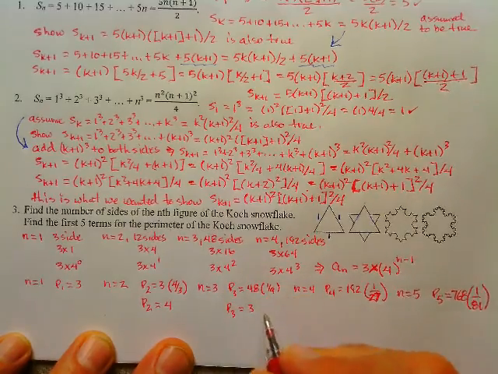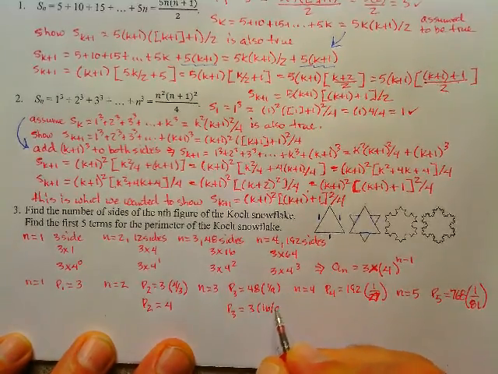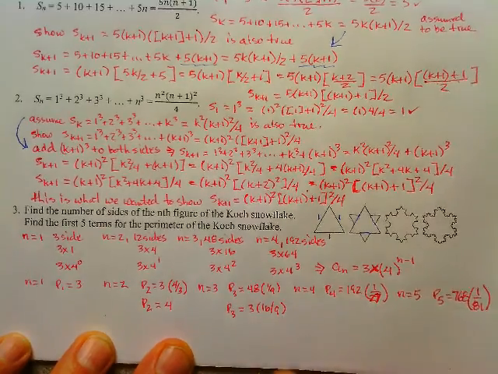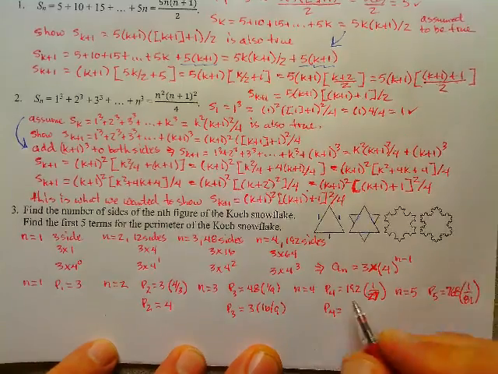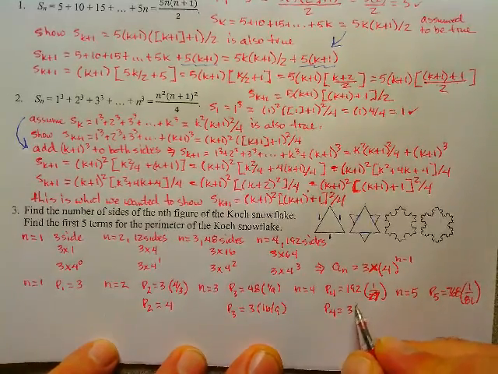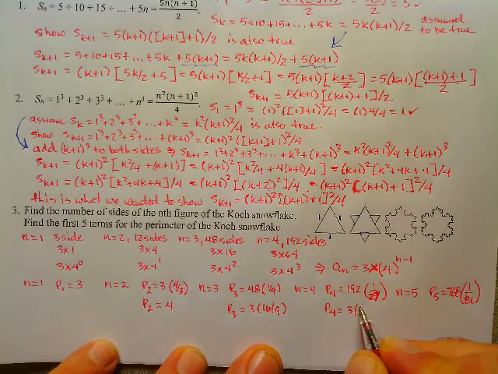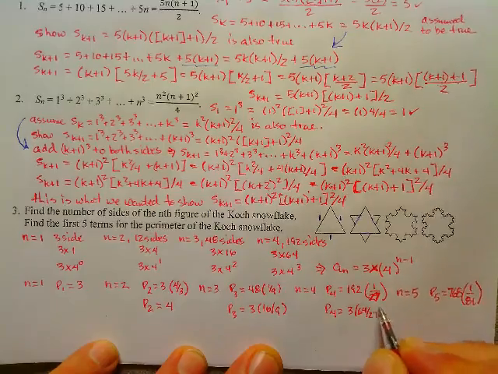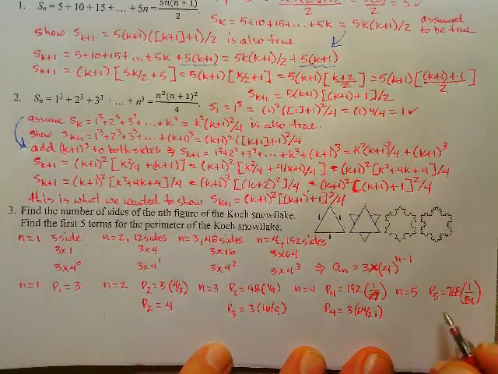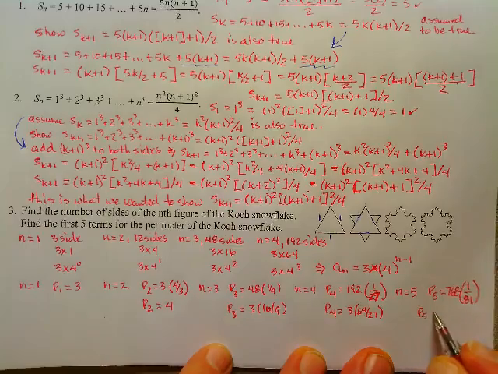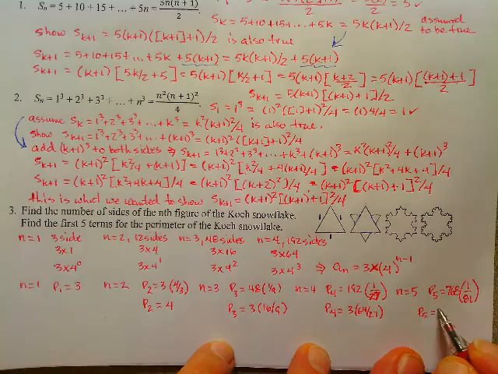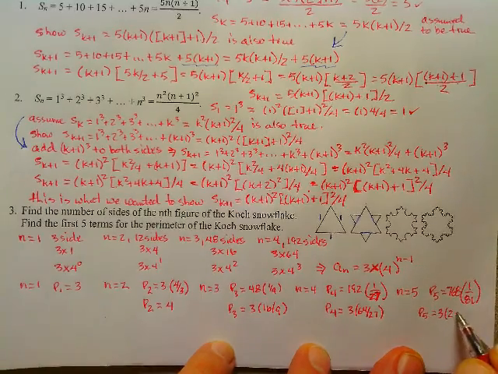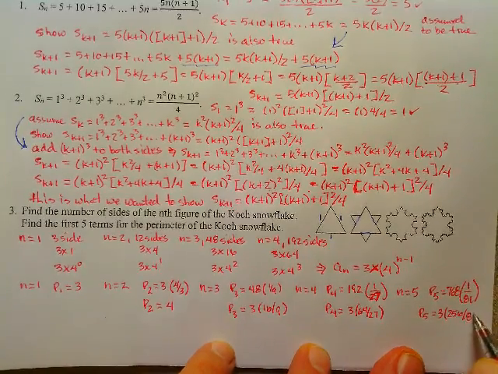I'm getting back to that 16. So I have 16 over 9. And then the P4 case will be 3 times, and in this case it's 64 over 27. And then in the P5 case, it's 3 times 256 over 81.